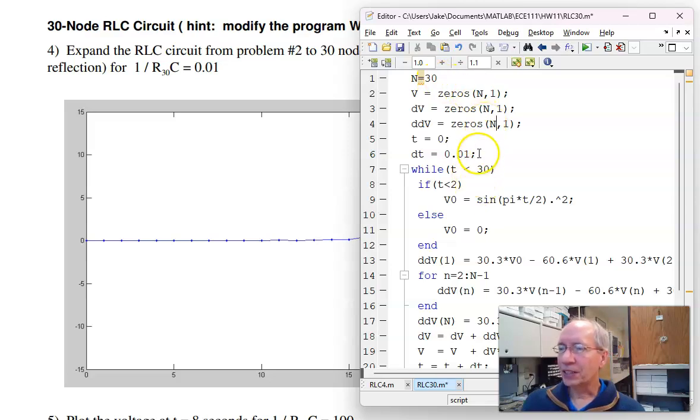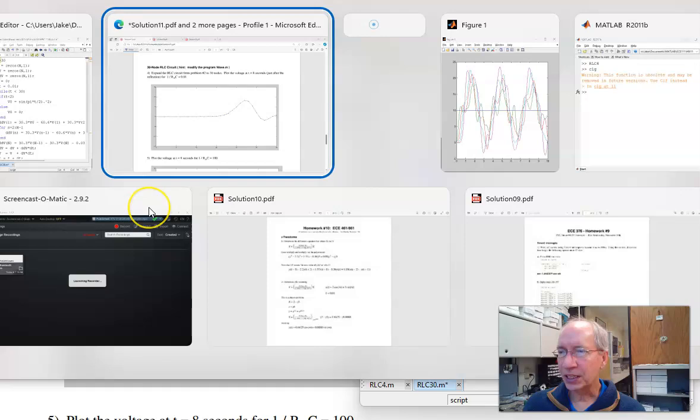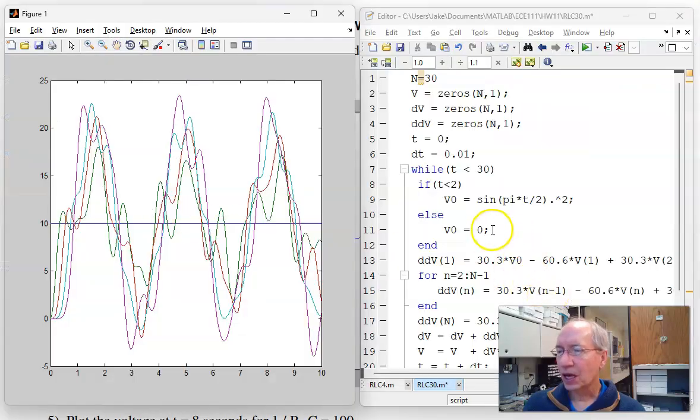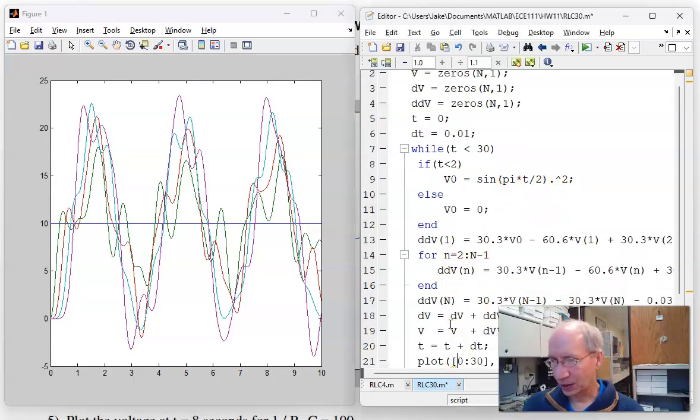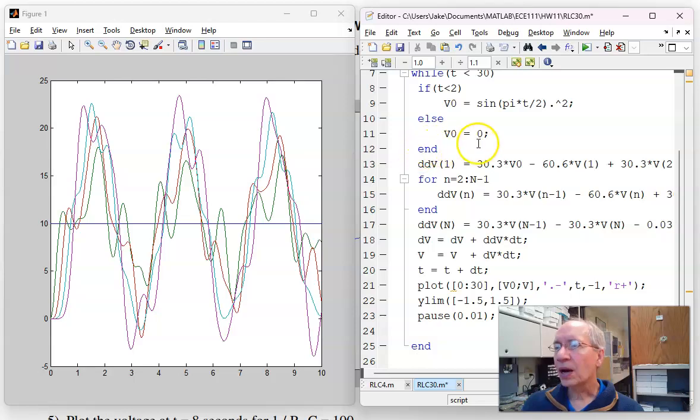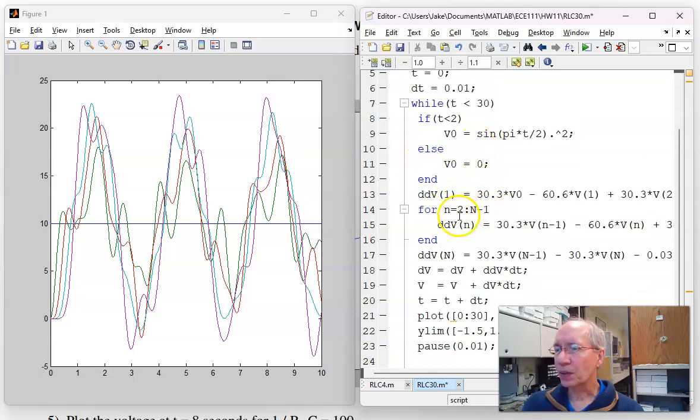Now, on the left-hand side, rather than having the left point just be 10, I'm going to have this be a sine wave, kind of a snap. You'll see that in just a sec. I will then solve my coupled differential equations. But here, since I'm using vectors, I can just do ddv of n, go through a for loop, and solve the differential equation for each node.